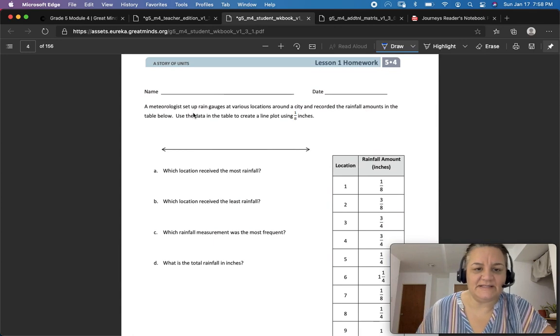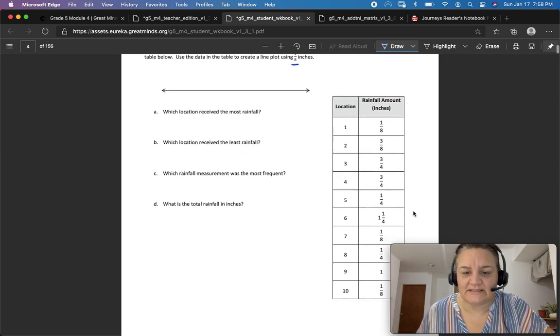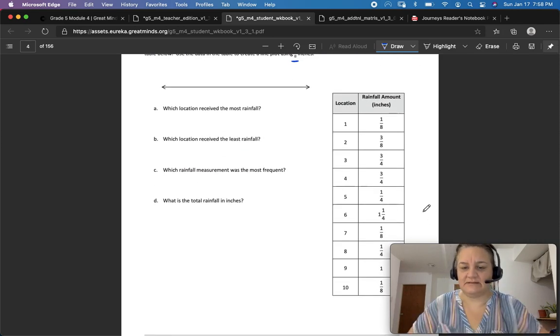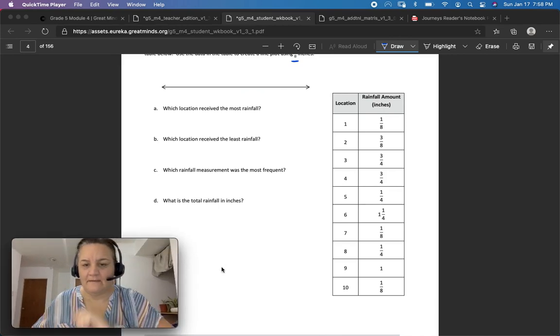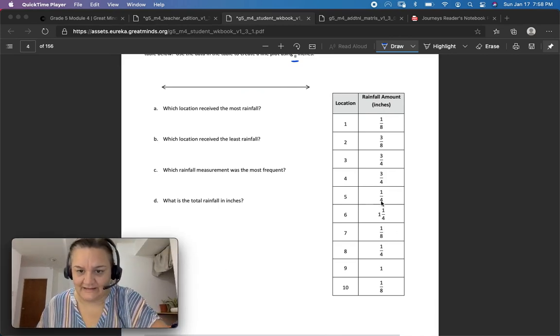A meteorologist set up rain gauges at various locations around a city and recorded the rainfall amounts in the table below. Use the data in the table to create a line plot using 1/8 of an inch. Okay, so let's look for the smallest number and then the largest number.